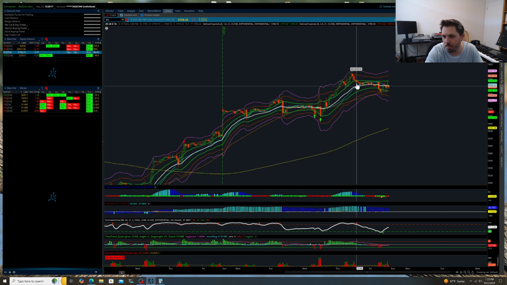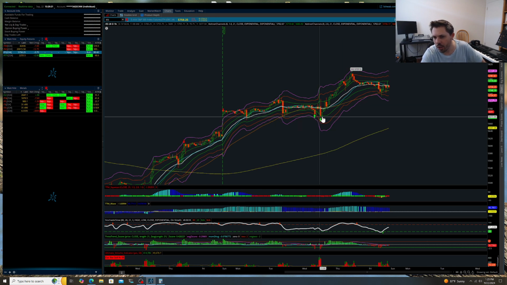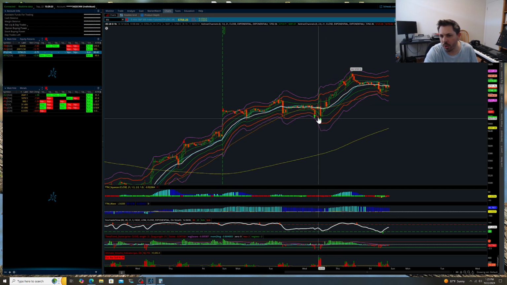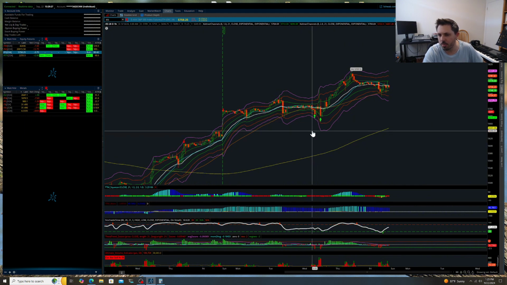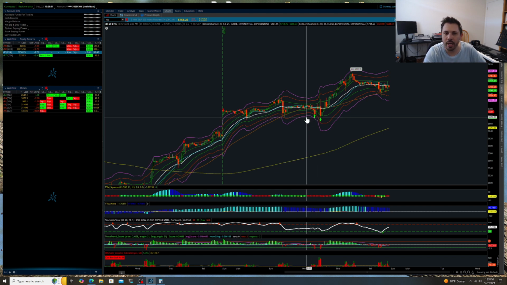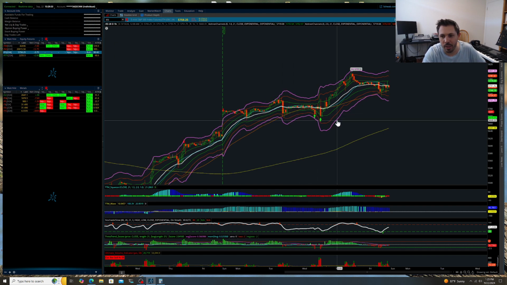You could do butterflies up here, right? There's just a ton of ways that you can use options in correlation when you understand that markets are just not going to move as far as you think they are, okay? I think that's pretty much it.